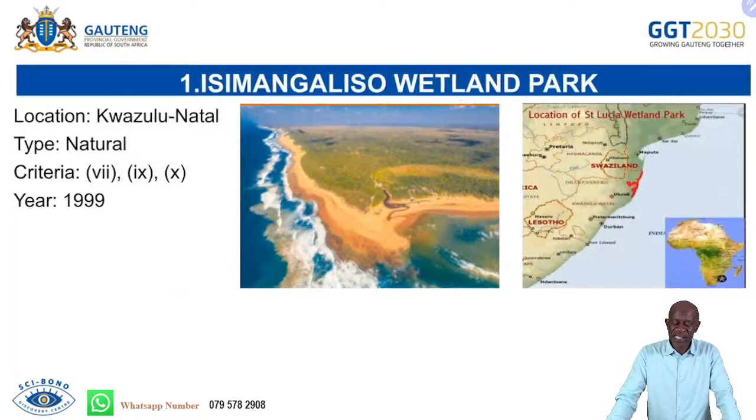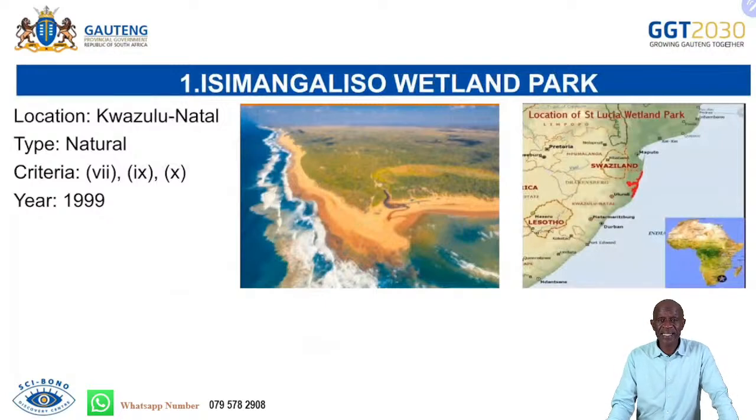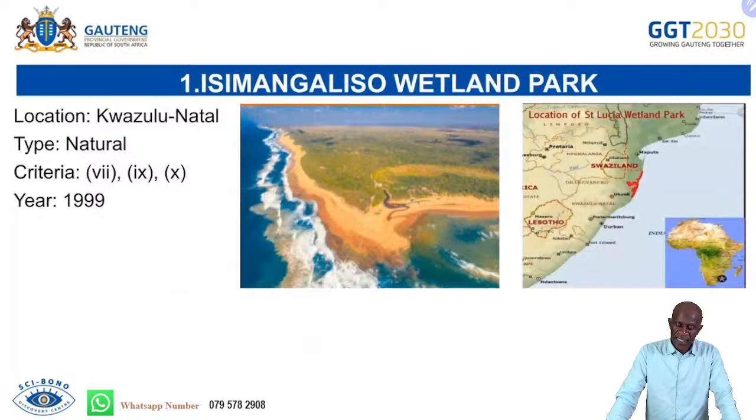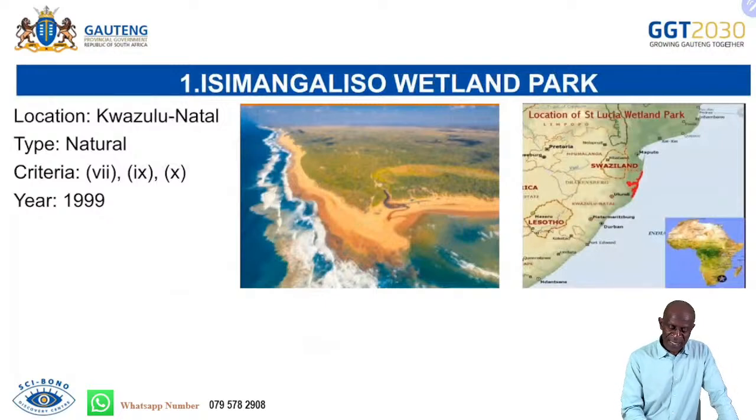Isimangaliso cannot be Simangaliso Wetland Park. It has to have an I in the beginning because it's a name. Thus, it has to be written as indicated. So this is the Isimangaliso Wetland Park, and this is how you should write it.